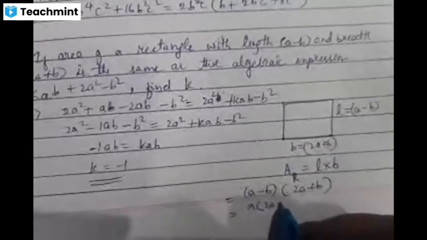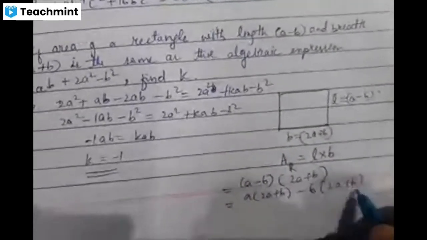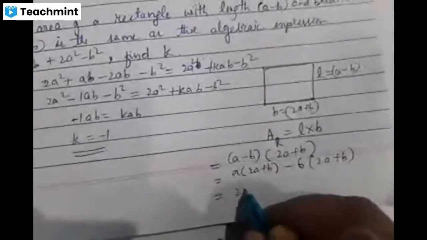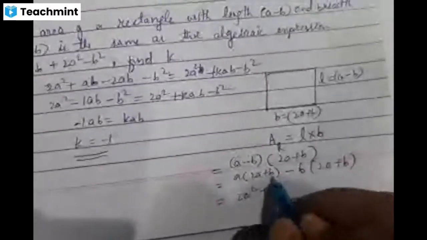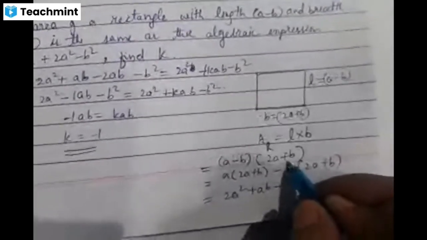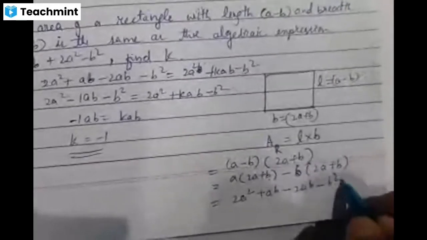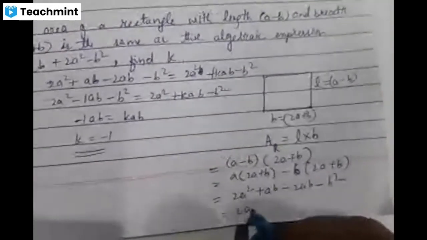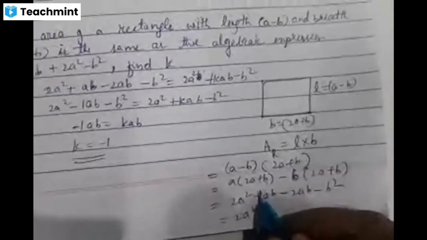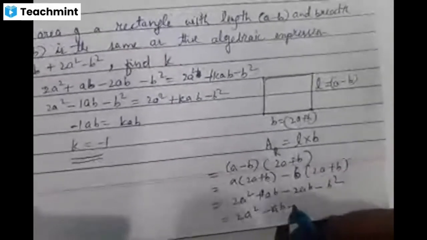A into the second bracket minus B into the second bracket. Therefore, 2A square plus AB minus 2AB minus B square, which will be equal to 2A square plus 1 minus 2, which is minus 1AB, minus B square.